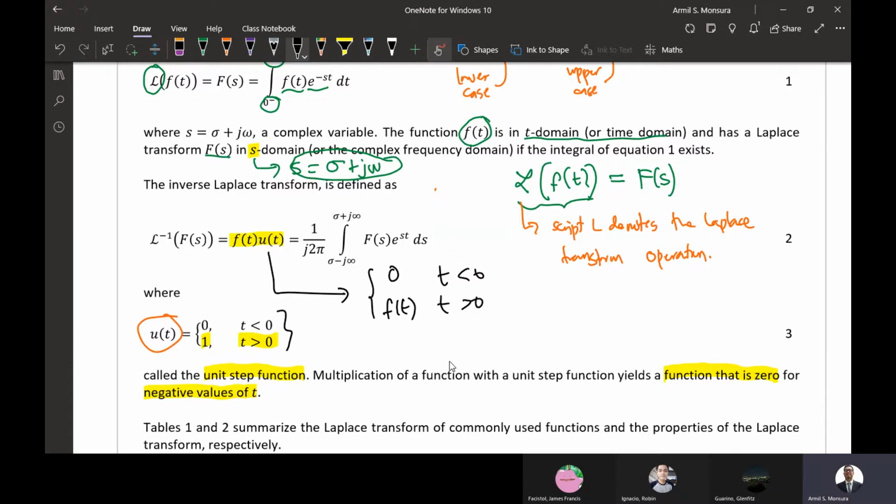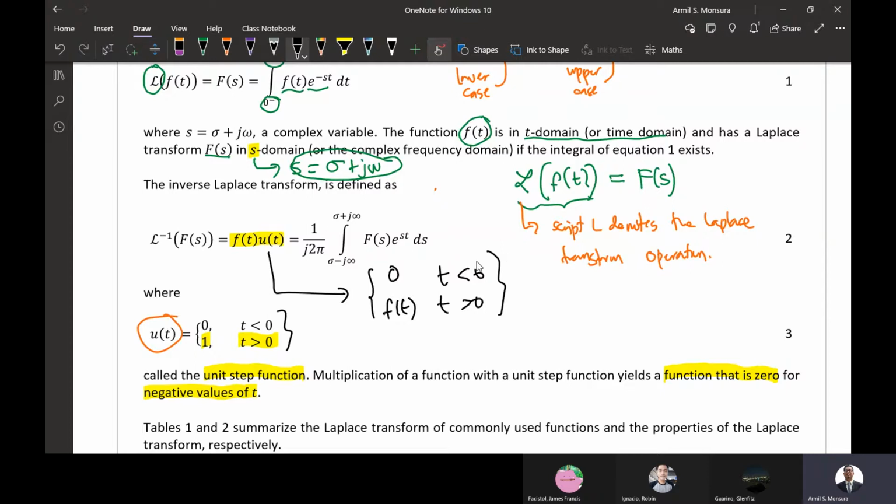Anyway, that definition will later on be dissolved in our discussion, because in most of our discussion we will deal with functions that work this way. That is, we are not really concerned with the value of your function at negative values of t.